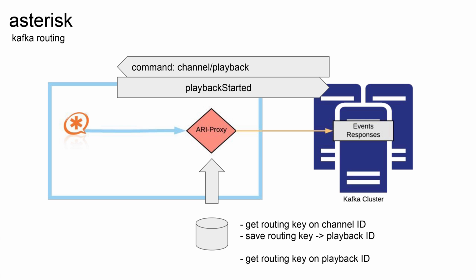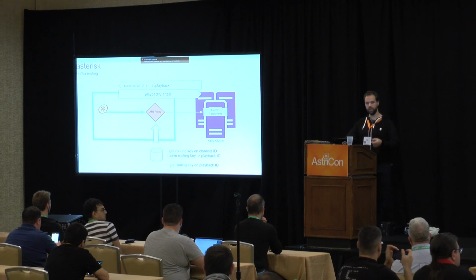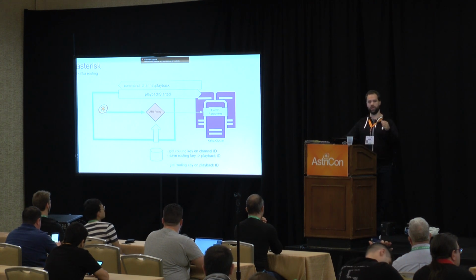Now we have something like playback events or bridge events or whatever, which are not linked directly to a channel in the first place. But there is, for example, a channel playback command to start a playback on a channel. In this command, we have both the channel ID and the playback ID.